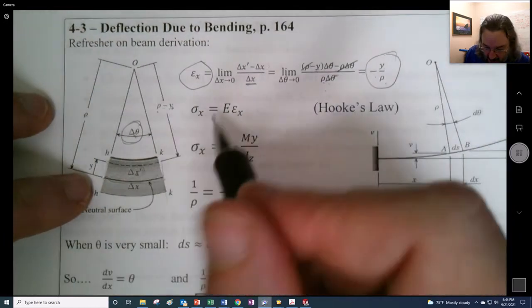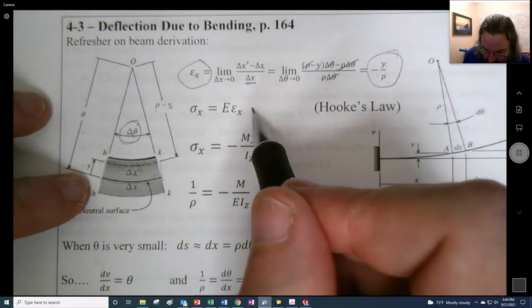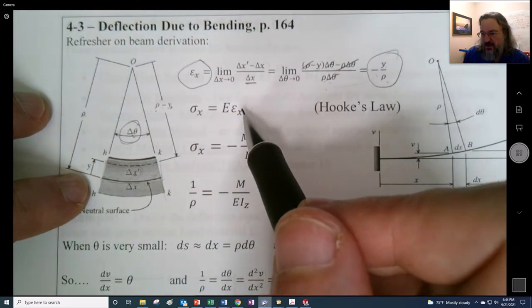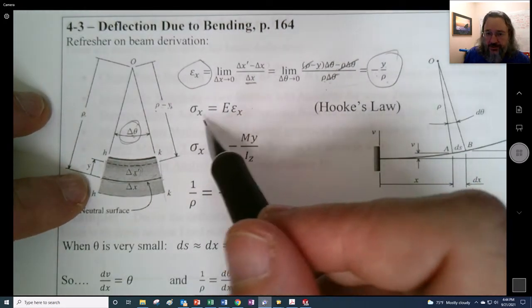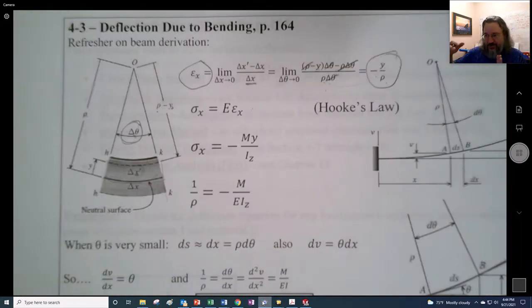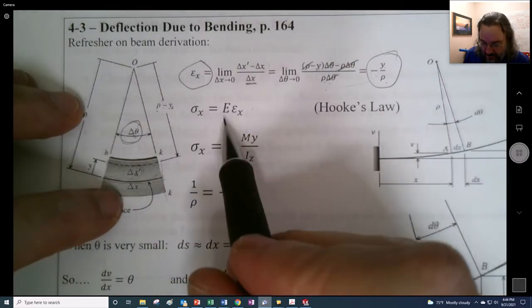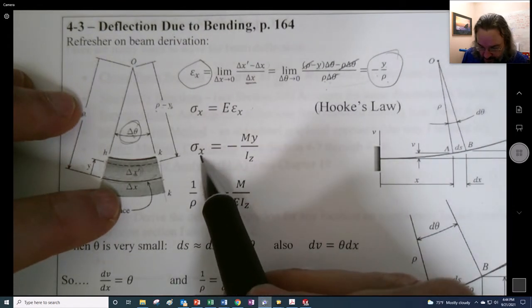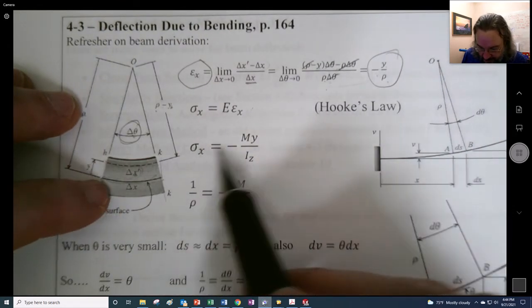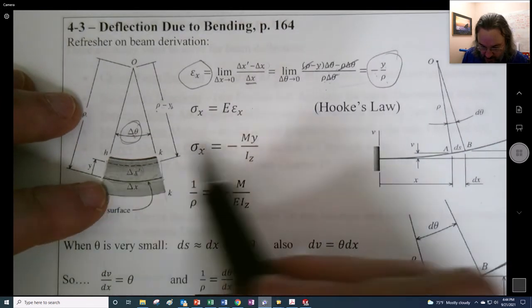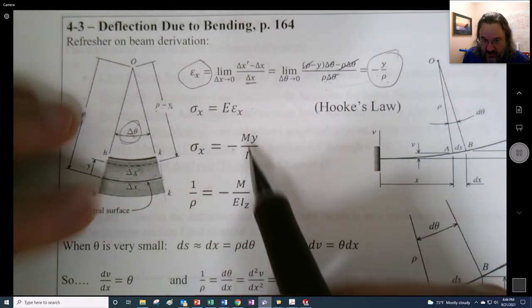All right, and now we have Hooke's law, right? So this was just a geometry thing. This is just a material property that we know. We know that stress and strain are related to each other, at least below yield, as in a linear way. We also can say that if we wanted to find the stress, and we're going up in the positive y direction right here, we know it's going to be compressive.